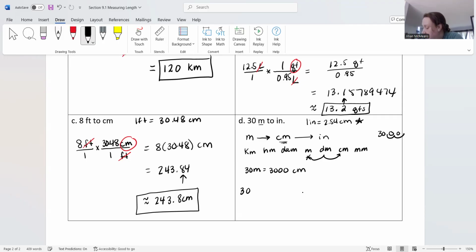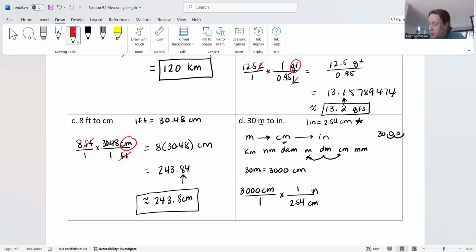So let's see, we have 3,000 centimeters. I'm going to write that over 1 just so I have a fraction. I need to multiply by a unit fraction that relates centimeters and inches. I need the centimeters to cancel, so I want centimeters in the denominator of my unit fraction, and I want inches in the numerator. And remember, from our conversion sheet, we have that 1 inch is 2.54 centimeters.